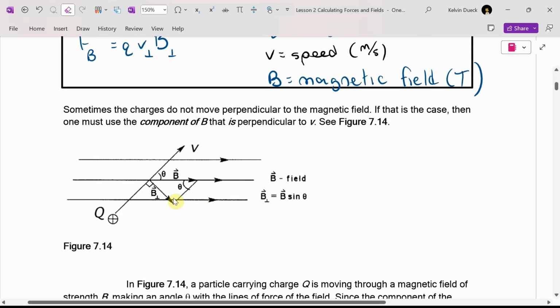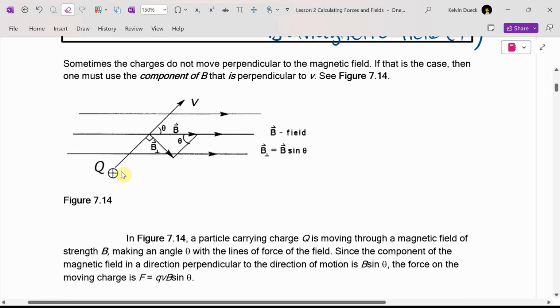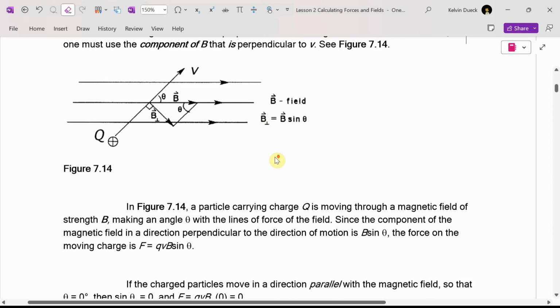What if they aren't perpendicular? Well, if the velocity is cutting through the magnetic field at an angle, did I say angle, everybody? It's a component, okay? So here's a picture of a charge Q cutting through a magnetic field at an angle, and it ends up, when you do the trig, being sine.